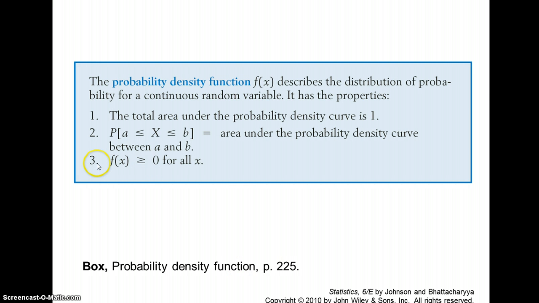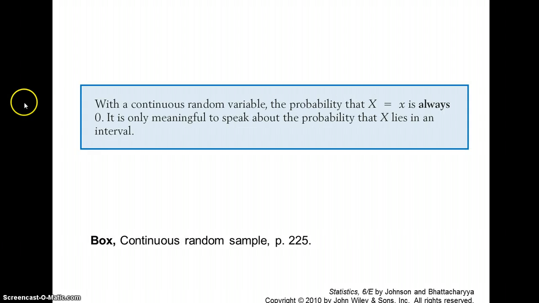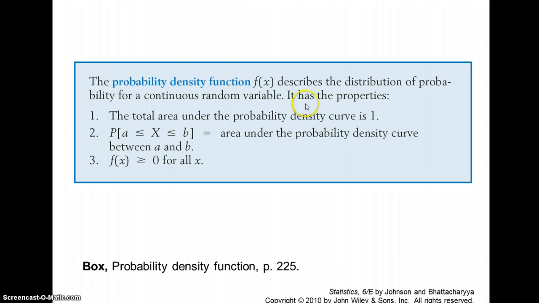And the last property: the probability function is always at least 0. We know the probability cannot be less than 0. It doesn't make sense to say the percentage is less than 0. Okay, so those are the three properties of the probability density function for a continuous random variable.